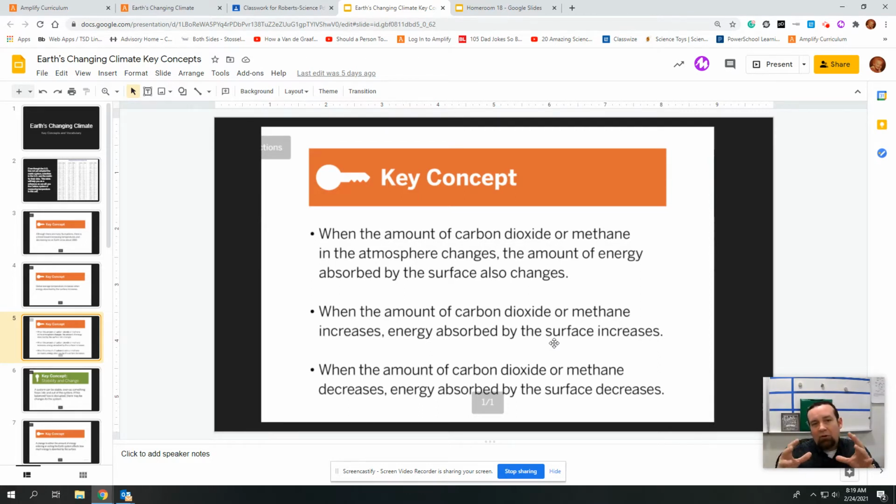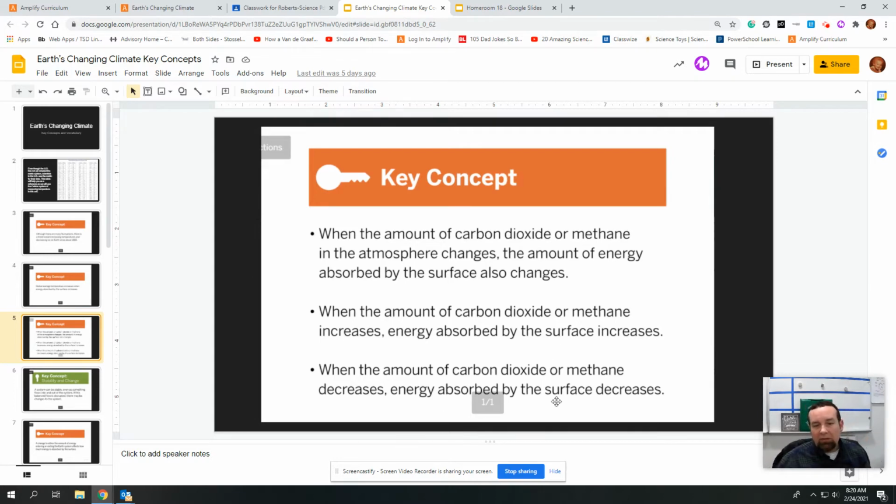See, the surface of the Earth radiates energy out, okay? Just like your body's doing, just like the table I'm sitting at is doing. But imagine the Earth, it can radiate a lot of energy out of it. However, if we have methane or carbon dioxide in our atmosphere, when that energy starts to exit the Earth's system, it can hit those gases, and those gases will bounce that energy and reflect it right back down to the Earth's surface, increasing the temperature.